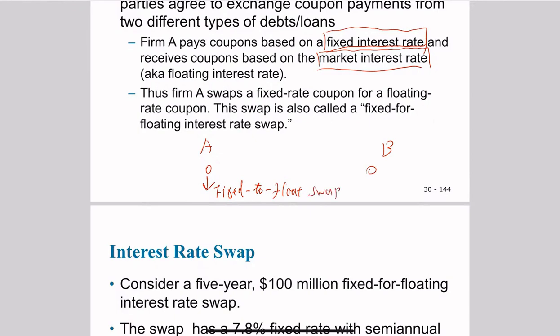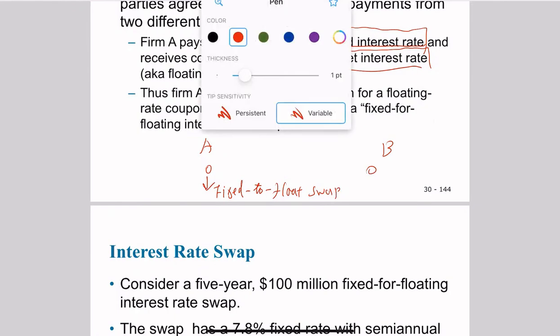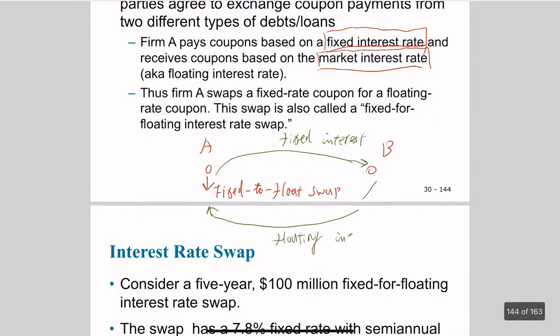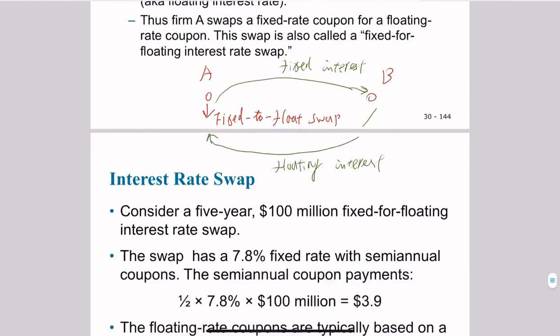Well, basically, firm A will pay fixed interest rate to firm B, and it will receive floating interest rate from firm B, right? So that's how the interest rate swap works.